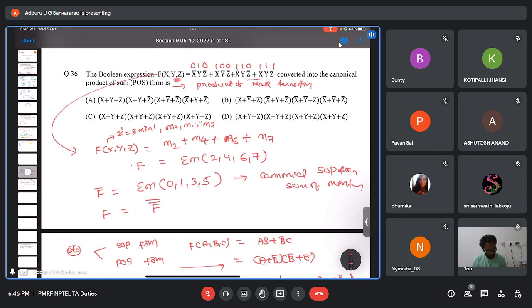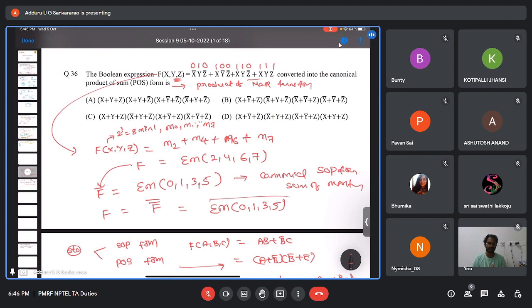From F I found out F bar. Now if I take the complement of that again, I will get F again. Is that okay till here?